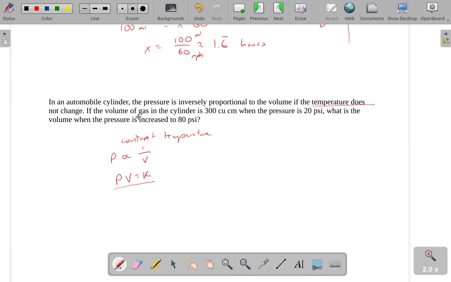So if the volume of a gas in the cylinder is 300 cubic centimeters, let me just write that as cc, when the pressure is 20 psi, what is the volume X when the pressure is increased to 80 psi?